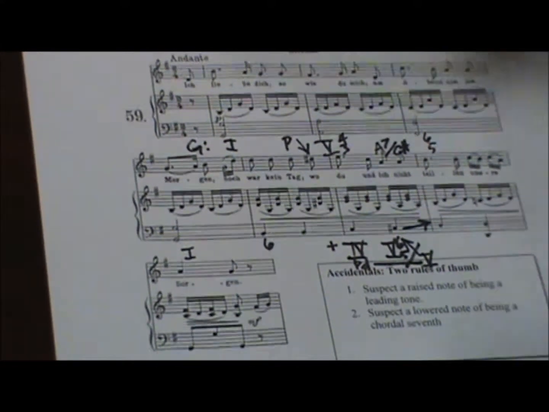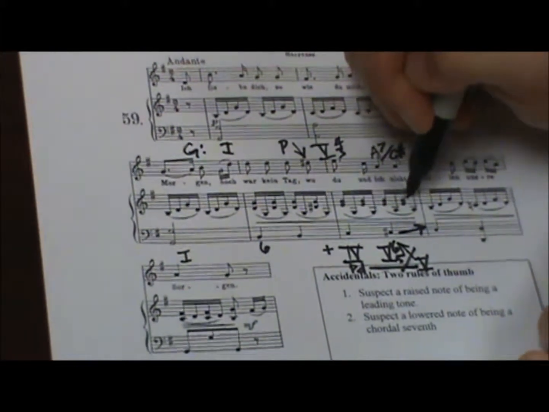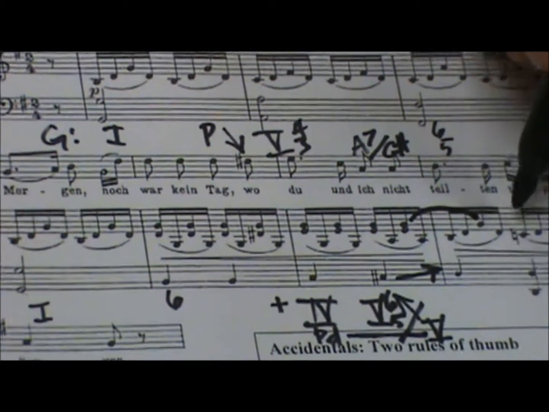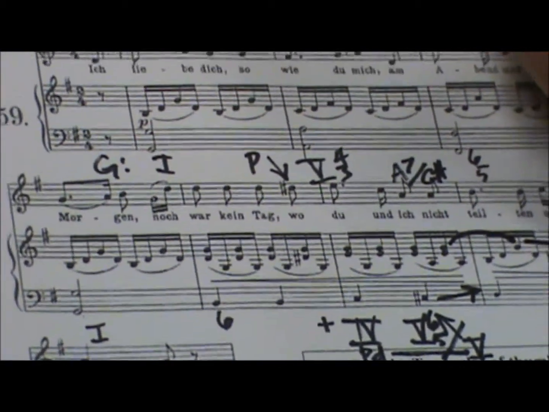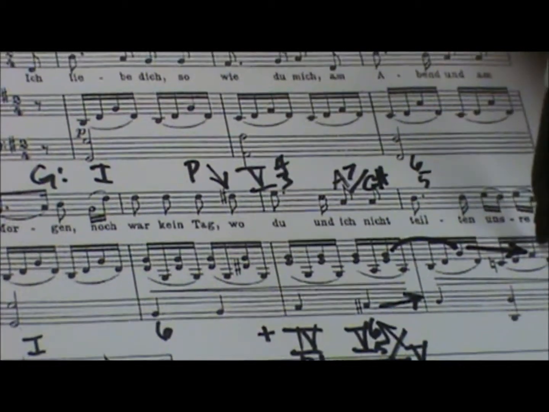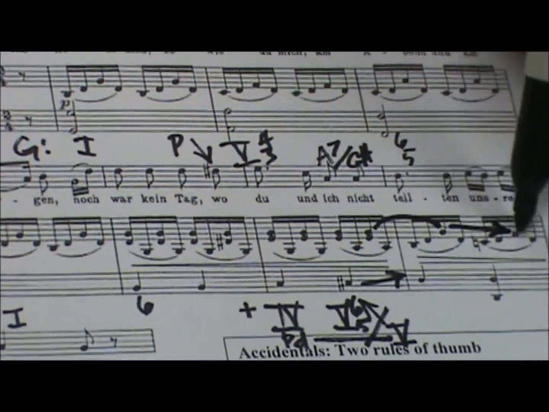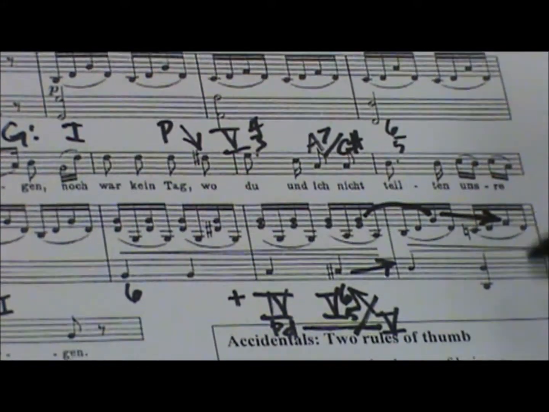Now you'll notice that the chordal seventh hangs on. This is important because the resolution happens there, delayed. Yes, the bass note arrives, but not all the upper notes arrive until right here.